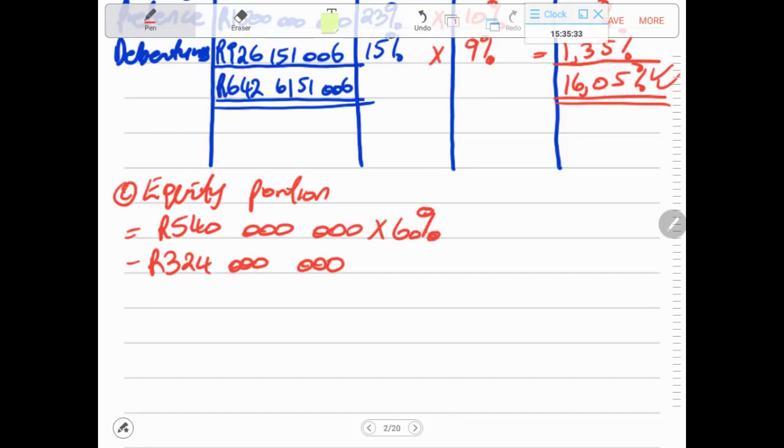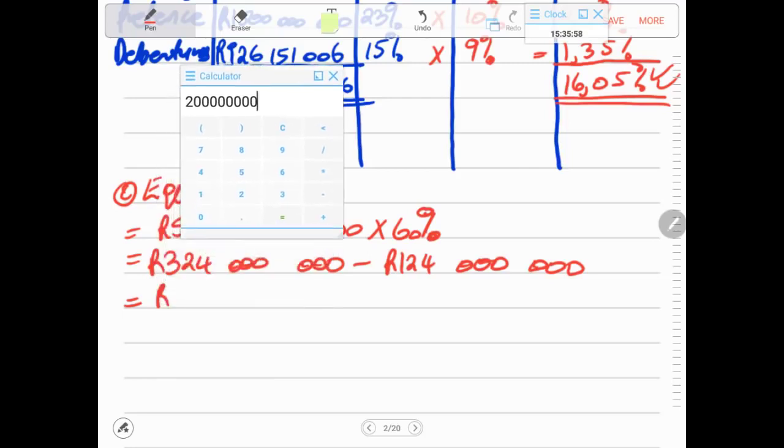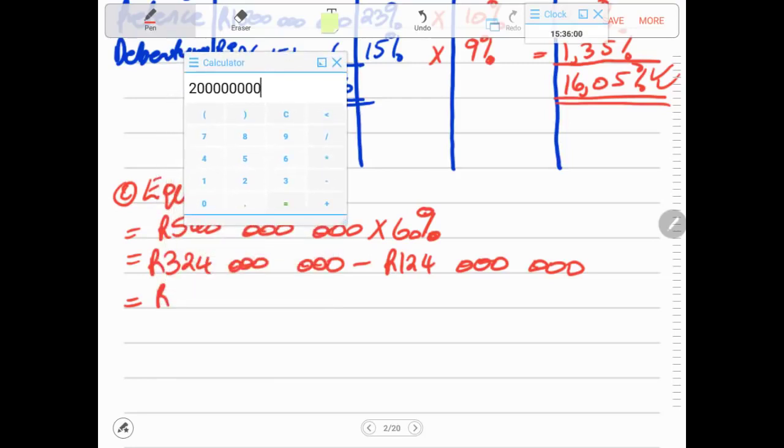But we do have reserves available, meaning retained earnings that are available. So we minus that 124 million, because they told us that 124 million is available as our retained earnings or reserves. So we have to deduct that 124 million so that we see how much must be raised through the issue of ordinary shares.